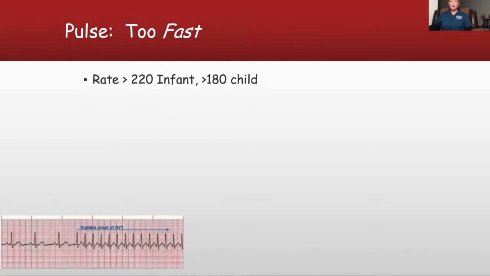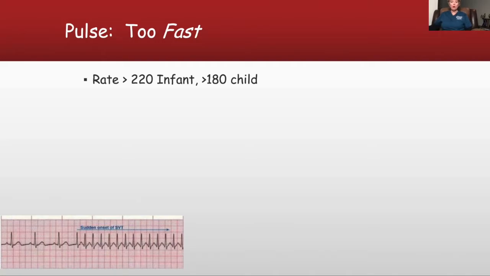The rate is over 220 in an infant, over 180 in a child. And for the purposes of this presentation, as well as PALS, an infant is a baby from newborn until 1 year. After they turn 1 year, they are considered a child.